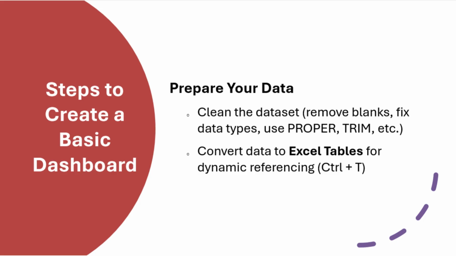So when you receive your data set, the first thing you should do is to clean the data sets. That means you should remove the blanks, fix data types, use proper trim, just make sure that the data you want to work with is good enough to use. If you have outliers, you should know how to manage them.